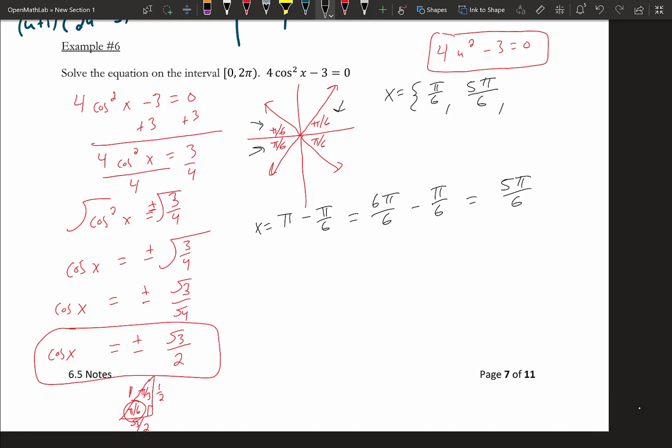And then to find the next angle, that would be equal to pi plus pi over 6, because I'm at pi and I have to go pi over 6 more. So that would be 6 pi over 6 plus pi over 6, which is 7 pi over 6. And then this last angle would be found by taking 2 pi minus pi over 6.